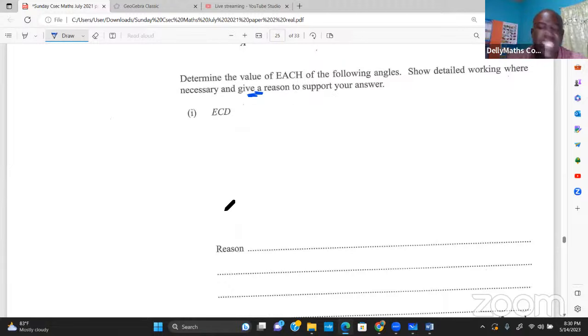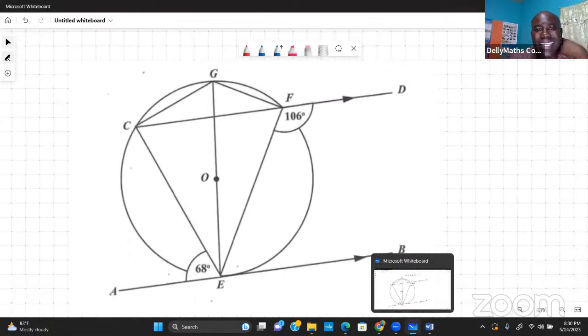So ECD. I normally say to you, please label the angle ECD. Look, E, C, D. Always mark your angle and then look.